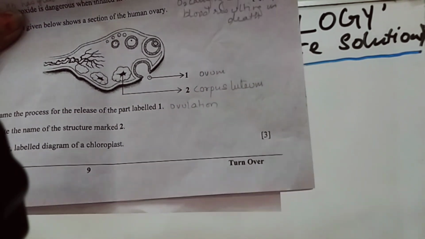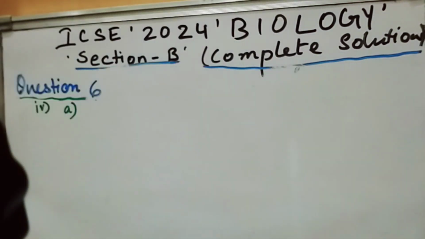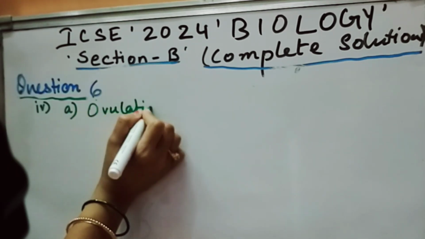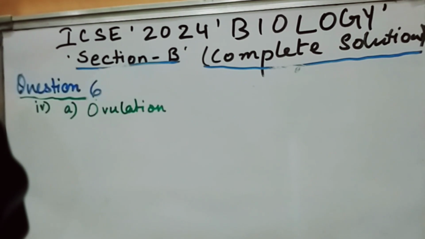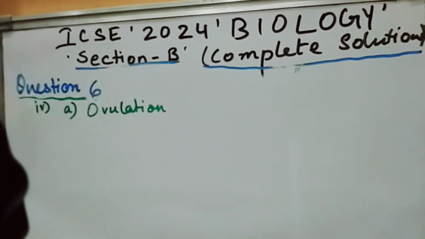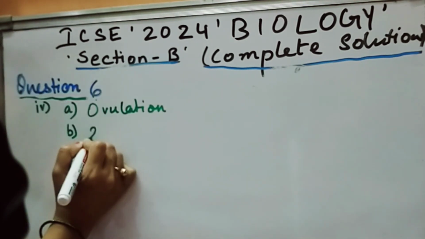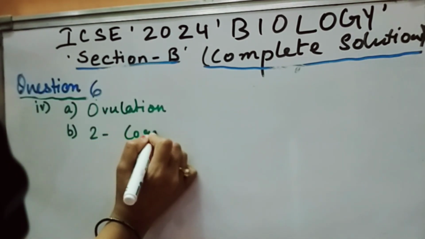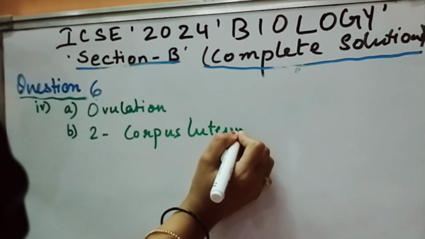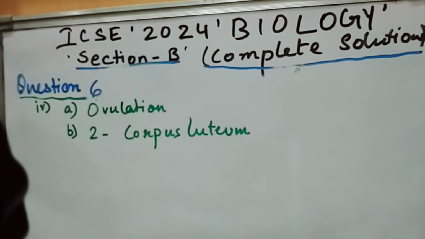That's the process. The name is ovulation. And the part number 2 that is labeled is corpus luteum. So this was 2 marks question, diagram based.